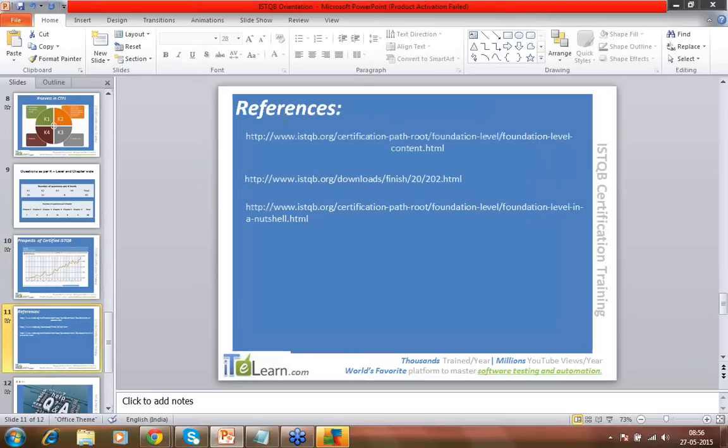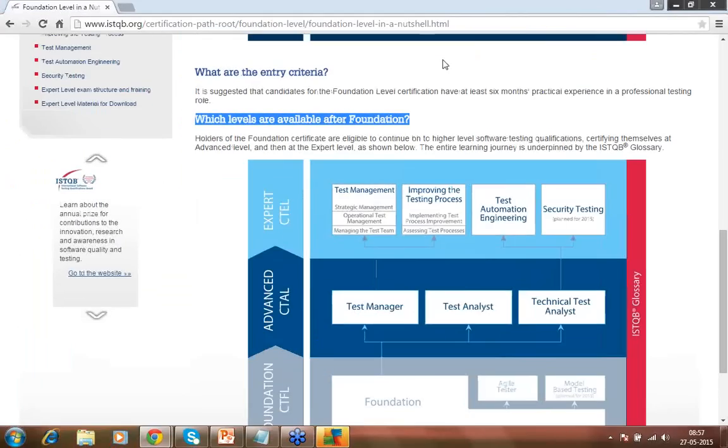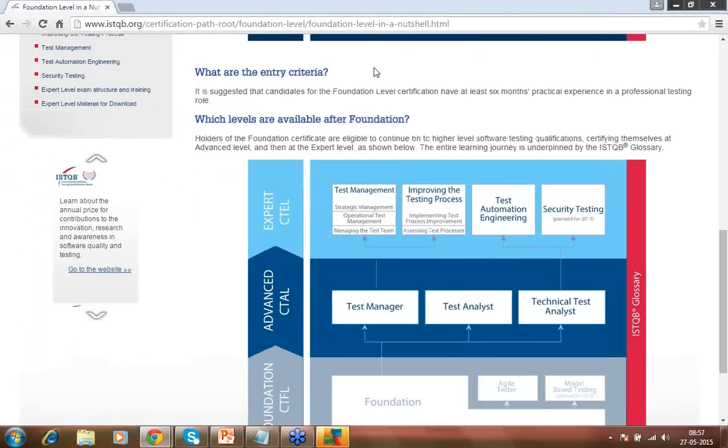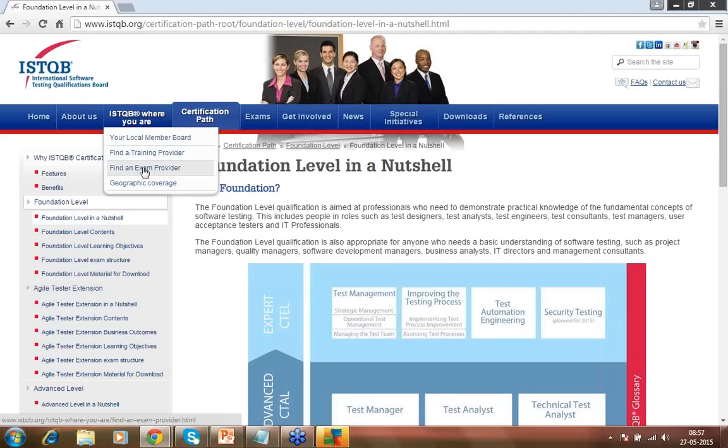Now the source for all these is istqb.org. I gave a couple of links here, but just remember istqb.org and go to this website. Whatever I have explained so far, whether it is content or exam providers wherever you are, you can find it. Somebody was talking about Michigan; you should be able to search here.